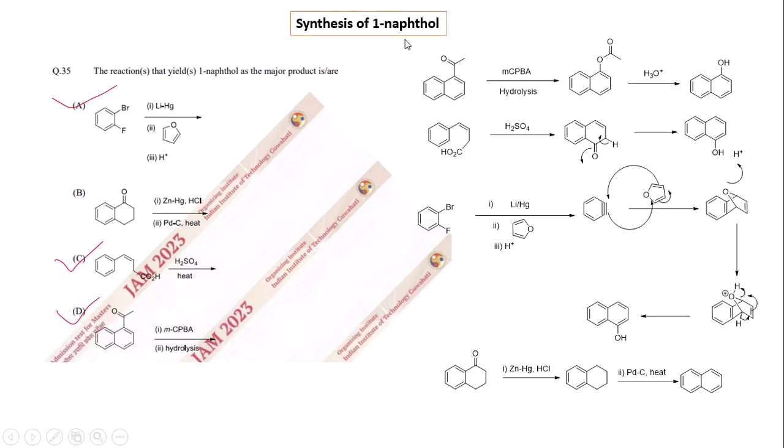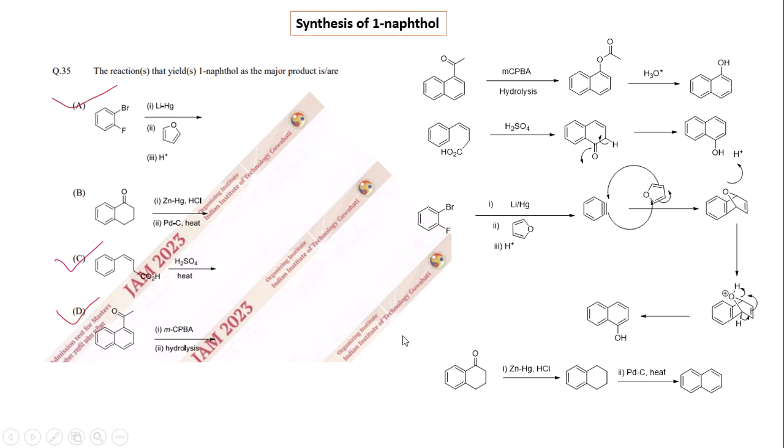The synthetic route for the synthesis of 1-naphthol: the first option is the preparation of benzyne from the 2-bromo-fluorobenzene derivative, where lithium inserts at the fluoride derivative, leaving the bromide to form the benzyne, and after the Diels-Alder reaction followed by cleavage it produces the 1-naphthol derivative.